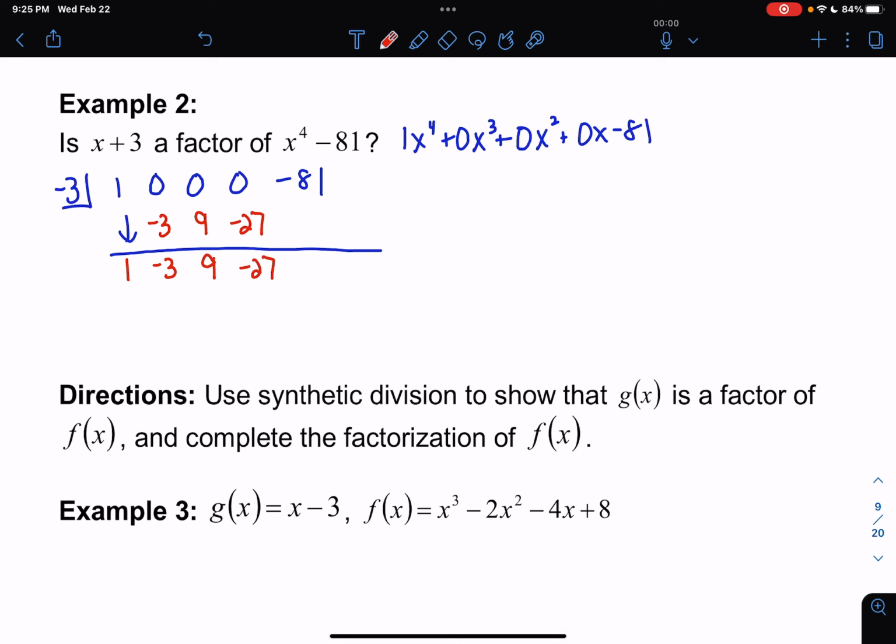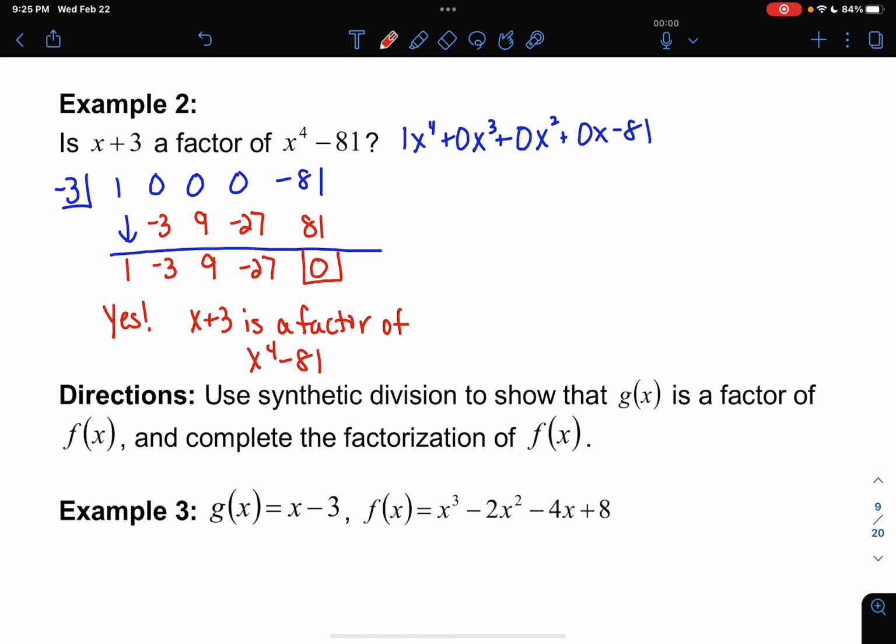And -27 times -3 is positive 81, leaving us a remainder of 0. Because we have a remainder of 0, we can say yes, x plus 3 is a factor of x to the fourth minus 81.